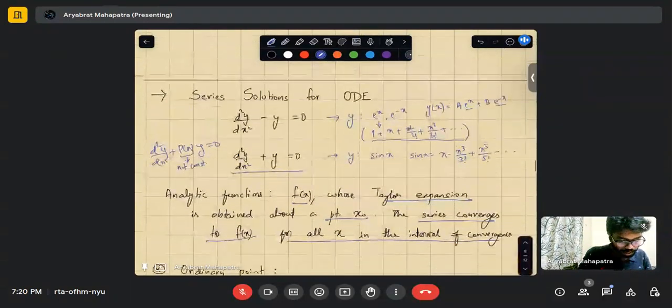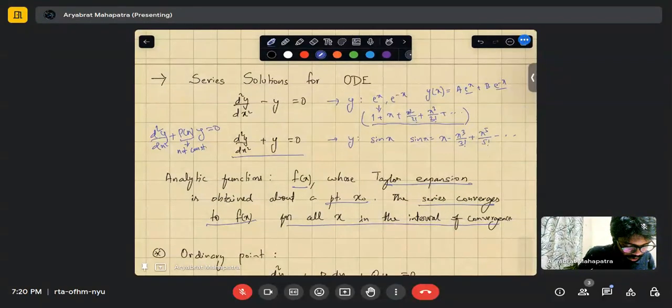Like the one we were discussing, when you were doing the Taylor expansion of sin x, you get some series, and this you were expanding about zero.